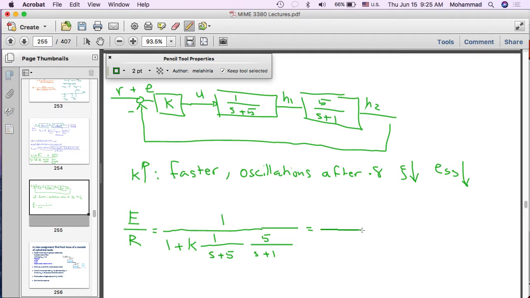If you make s plus 5 times s plus 1 the common denominator, this becomes s plus 5 times s plus 1 here. And in the denominator, we'll have s plus 5 times s plus 1 plus 5 times K.